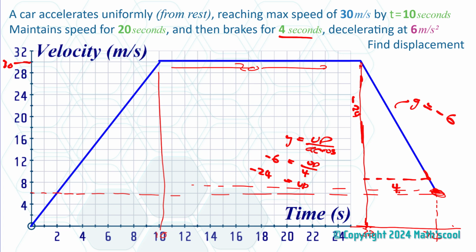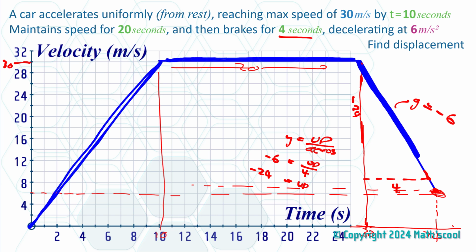Okay, and so there's that motion. So the motion looks like this. Uniform acceleration, steady speed for 20 seconds, and then braking, but not to 0, just to 6. Okay, and then he enters the roundabout.